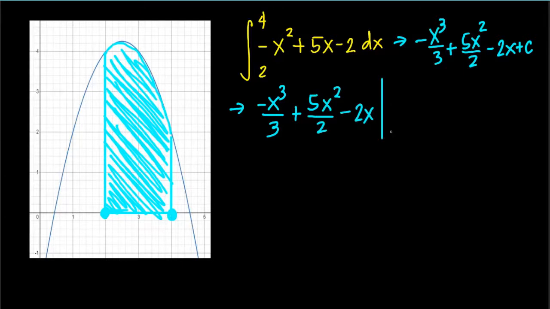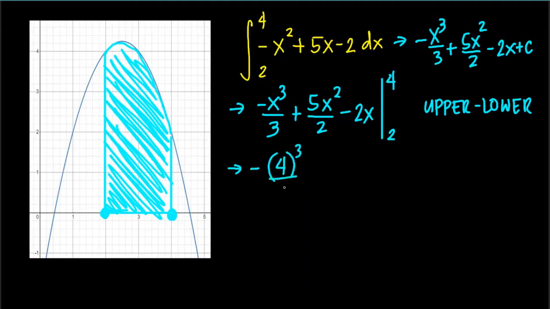Put the bar there from 2 to 4. Next. Again, don't forget, upper minus lower. So, for the upper number, we have -4 cubed over 3 plus 5 times 4 squared over 2 minus 2 times 4.